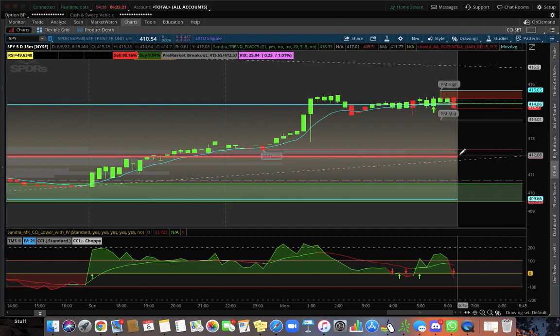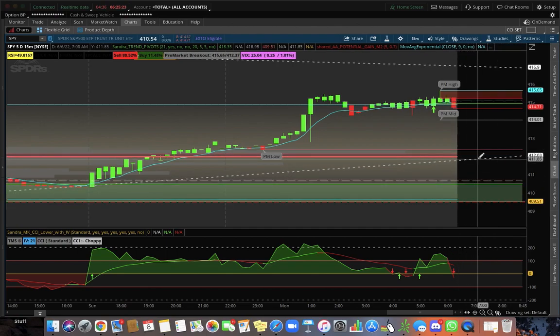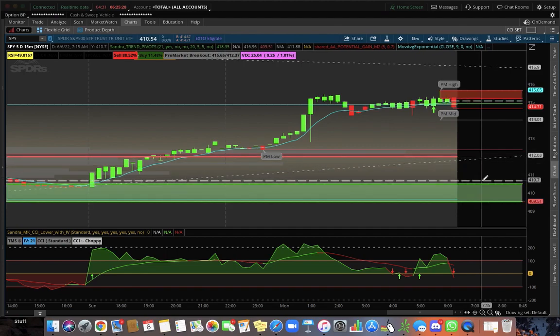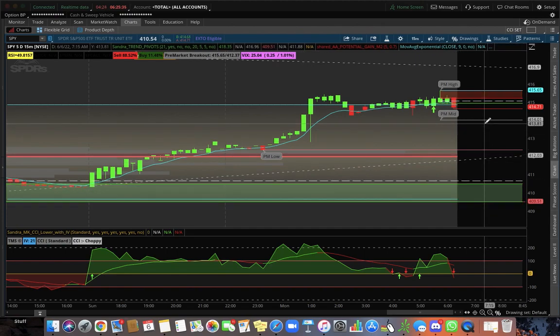This is our point of control. So 412, and then our zone starts for our support. So it is a little busy down here. And I have 412.37, so why did I take that? That's right at pre-market low, but I never want to do it right on there. Now that I see this at 411, that's kind of far away.